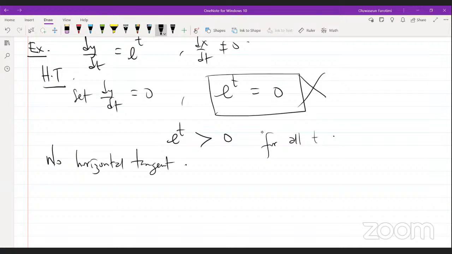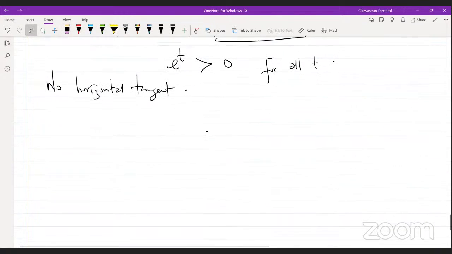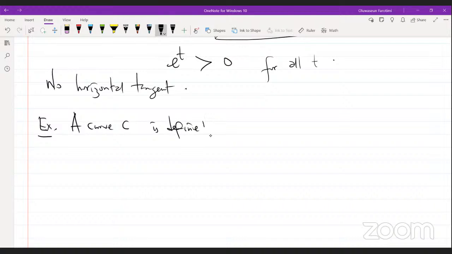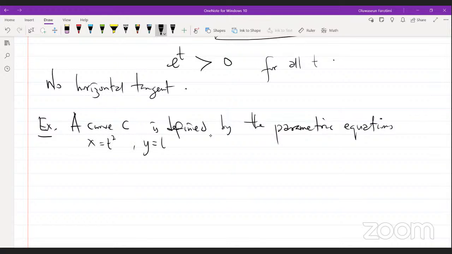All right, so let's go to another example. Curve C is defined by the parametric equations x equals t squared, y equals t cubed minus 3t.